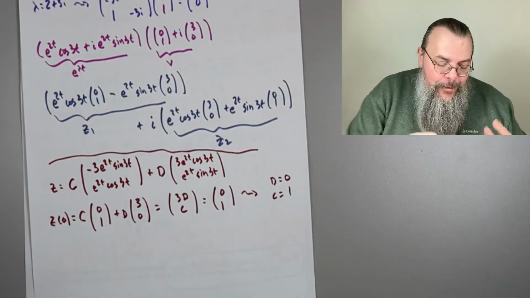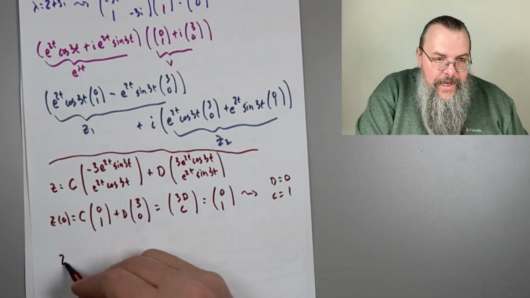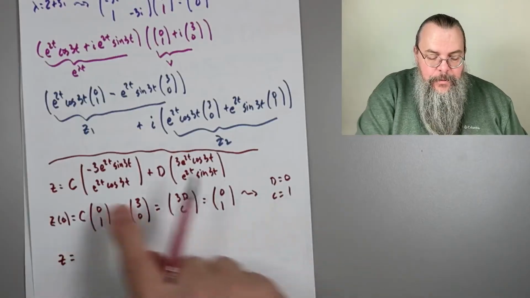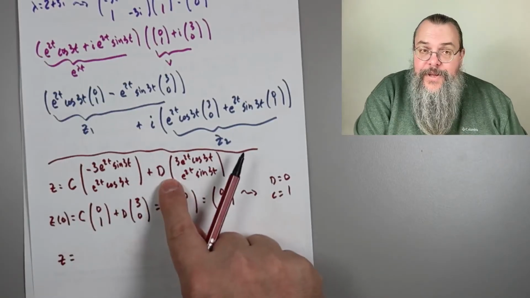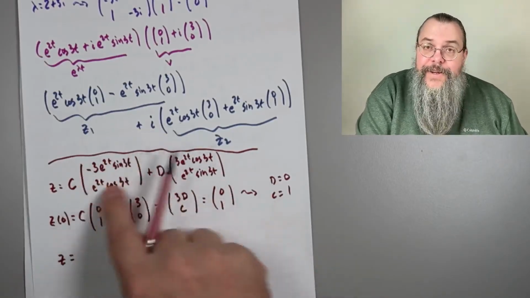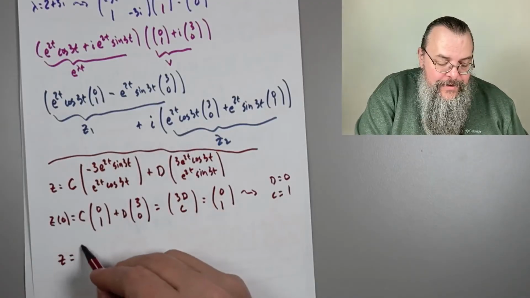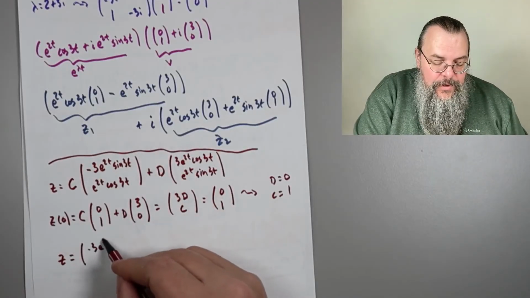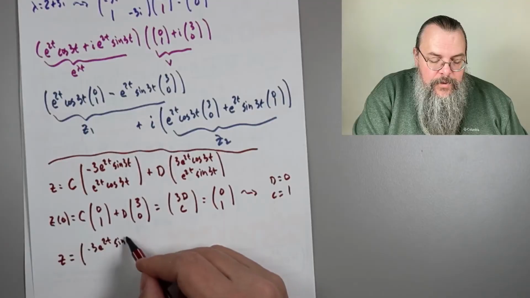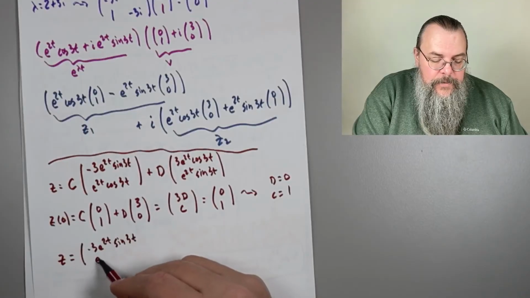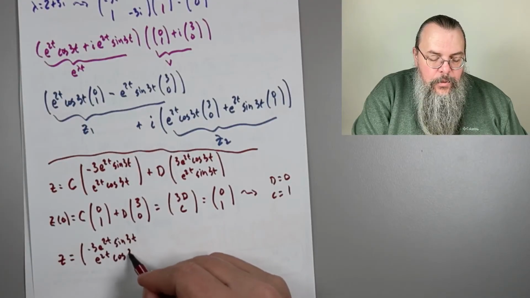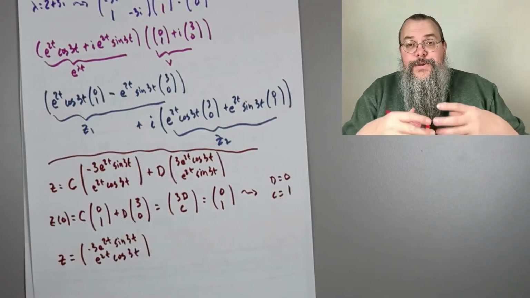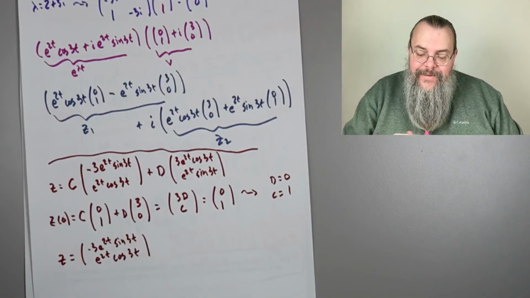Now we say, beautiful, so our answer looks like 1 times and 0 times, right? So it's just this vector. That's the answer. Well, it's not really the answer, because what do we need to do? Well, we have to remember, hey, we need now to separate, because that's z.